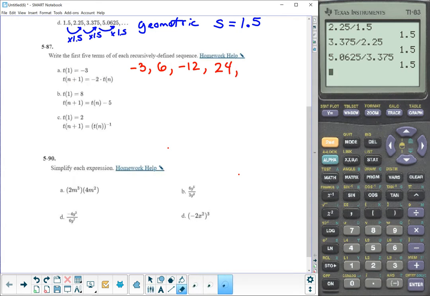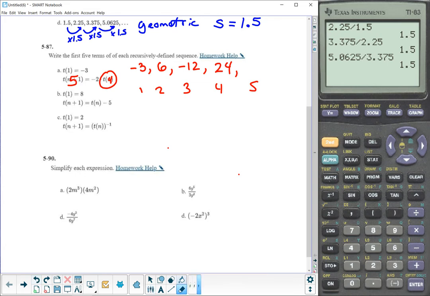Okay, and if I want to find term 5, 1, 2, 3, 4, 5, I need to use 4 right here, because 4 plus 1 makes 5. So if I use 4 for n, that means that 4 is going to be right here, which means term 4, which is 24.